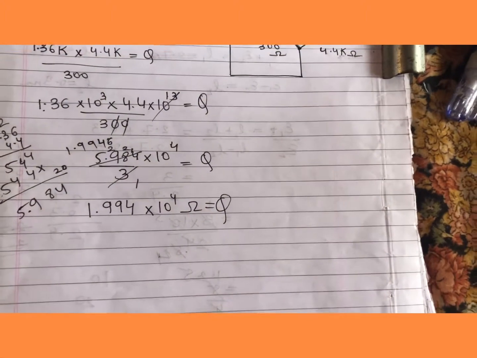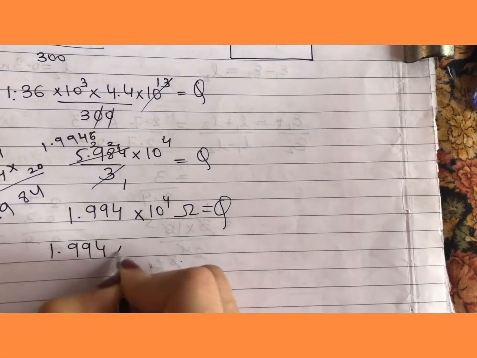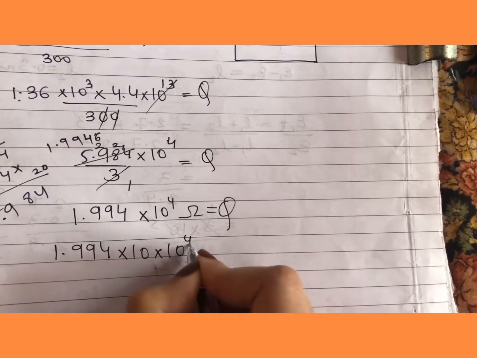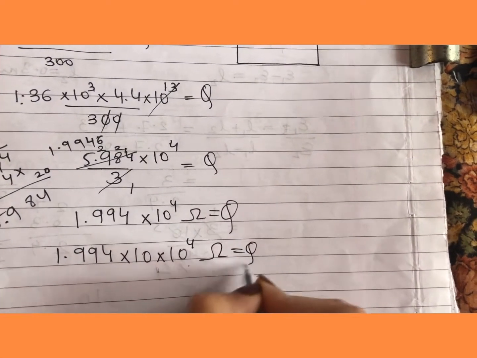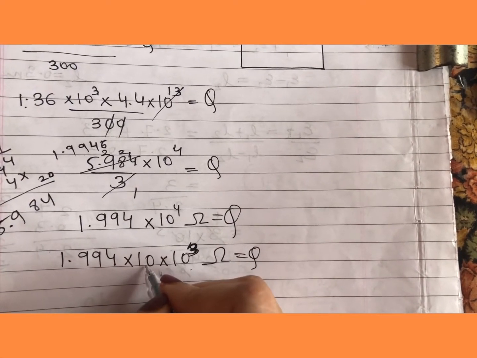Okay. If I want to write it in kilo ohm format, 1.994 into 10 raised to 4 ohm is equal to Q. Sorry, 10 raised to 3, because 1 ten we have removed from this.